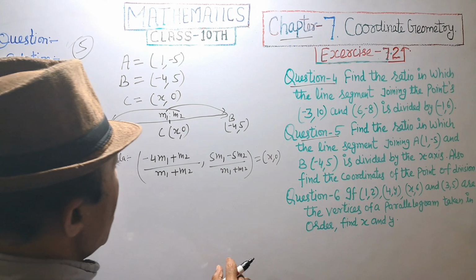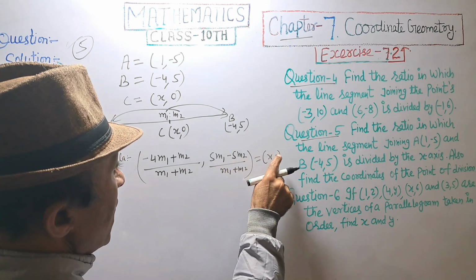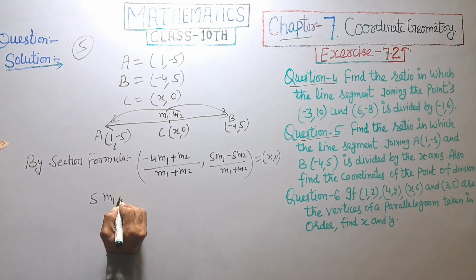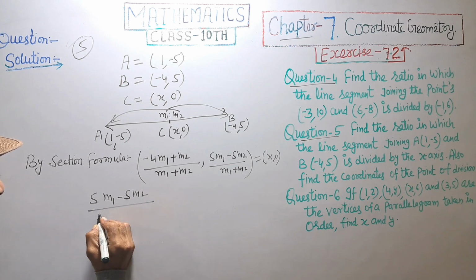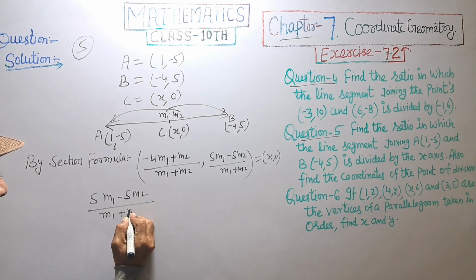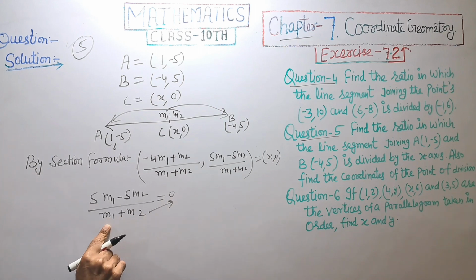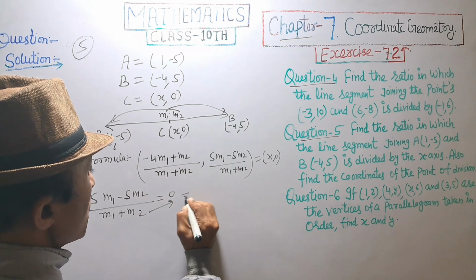First of all, we find the ratio. So second point is equal to 0. (5 m1 minus 5 m2) divided by (m1 plus m2) is equal to 0. m1 plus m2 directly multiplied by 0 is 0.